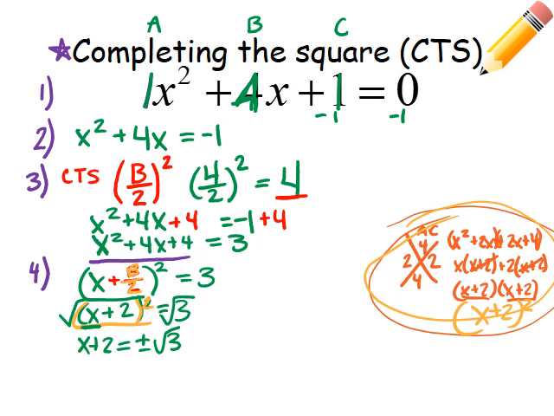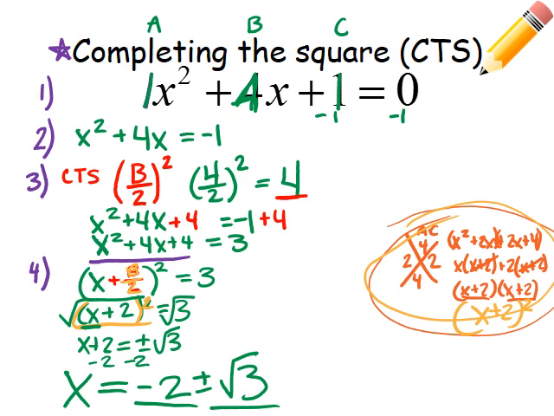There's no i to worry about, and 3 does not reduce down. So my last step is subtract 2, which leaves me with x equals negative 2 plus or minus the square root of 3. Remember, we do the real part followed by the imaginary part when we write a complex number.